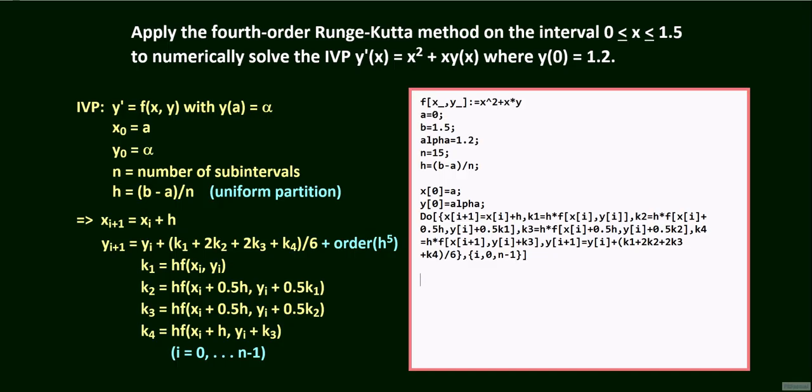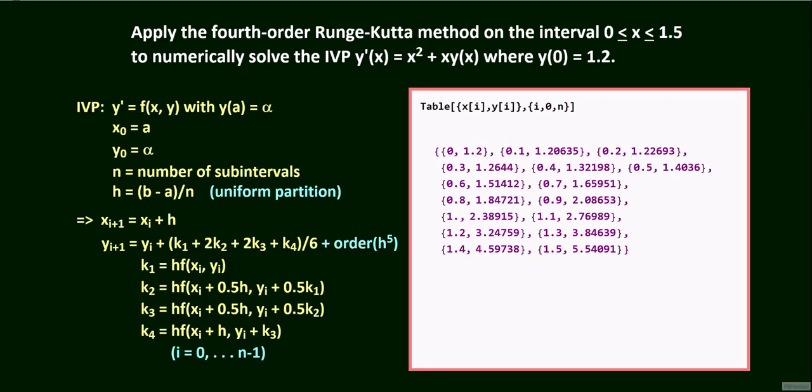In order to view the result, we use the Table command for the coordinates x sub i and y sub i, with i going from 0 to n. We evaluate the code. These are the coordinates of the points on the approximate solution of the IVP for n equals 15.